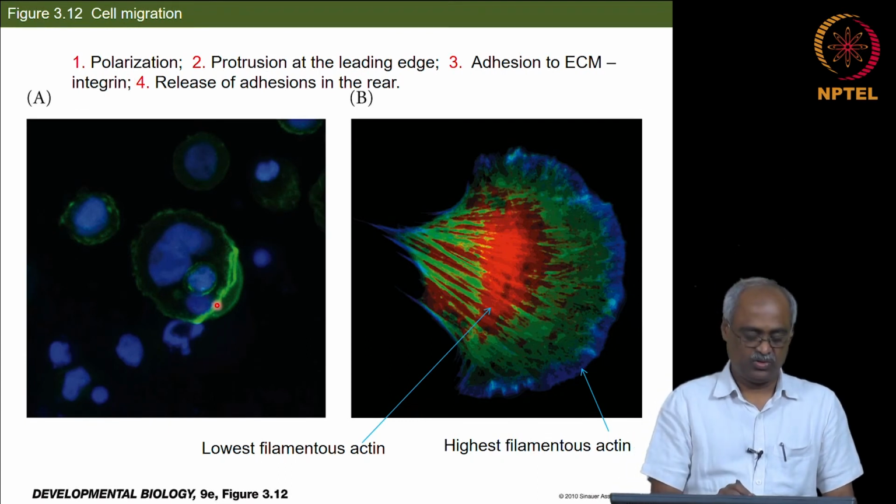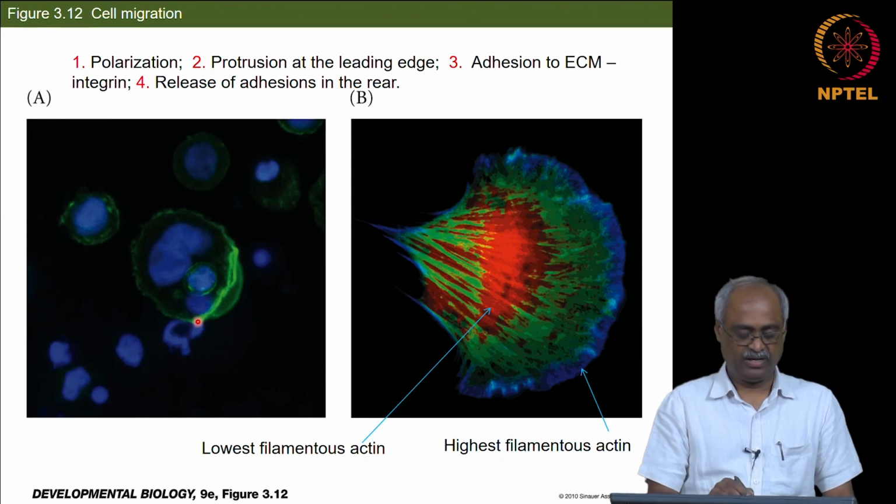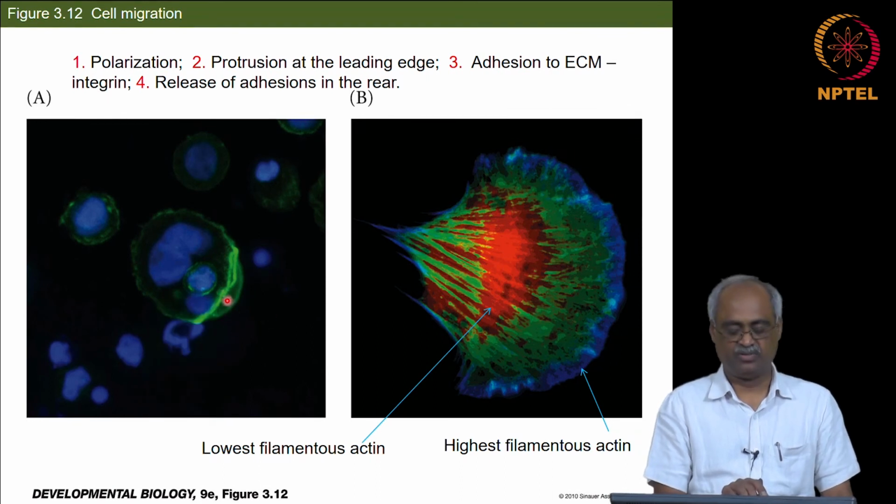This shows a polarized arrangement of actin. This side you do not have much of it, and you have actin organized into microfilaments in this. So, this is now polarized, and this is your migrating direction. Let us call this anterior.